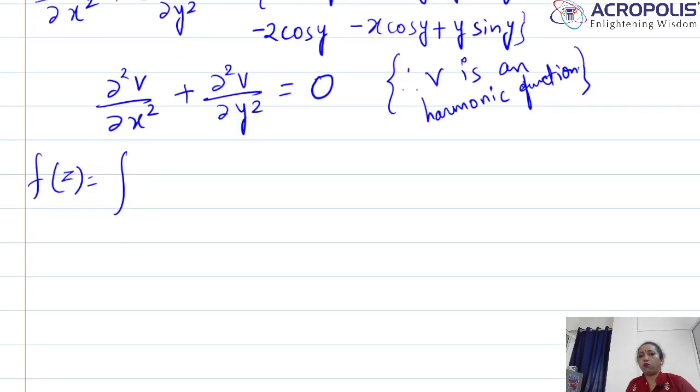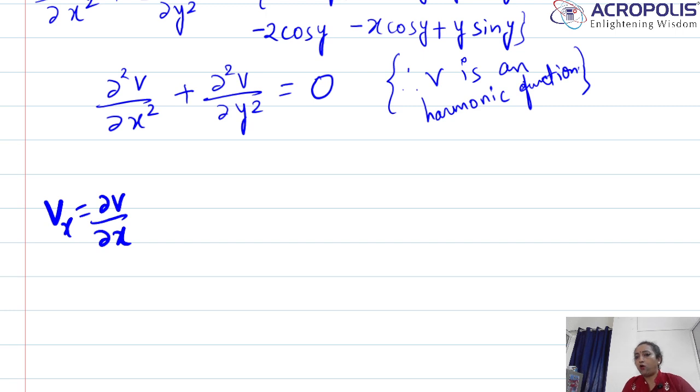So first of all we will evaluate the value of vx, that is del v by del x, as I have already mentioned these values. So I am writing the values.